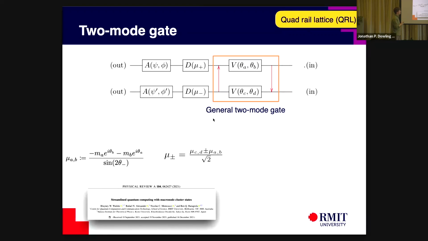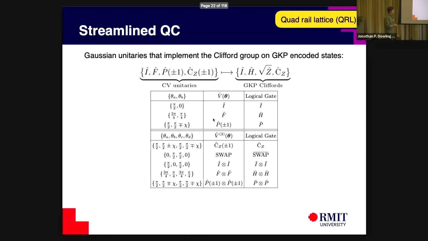But the important part is this general two-mode gate. So we have a general formula for what our two-mode gate is going to be based on the angles that we choose.